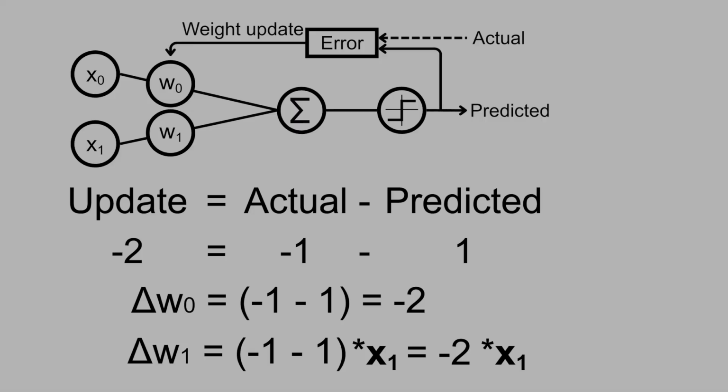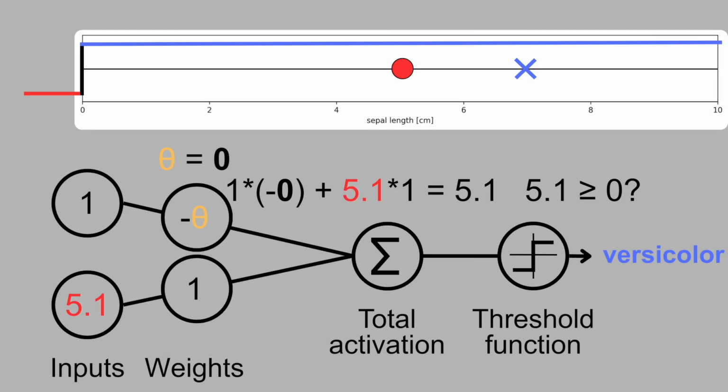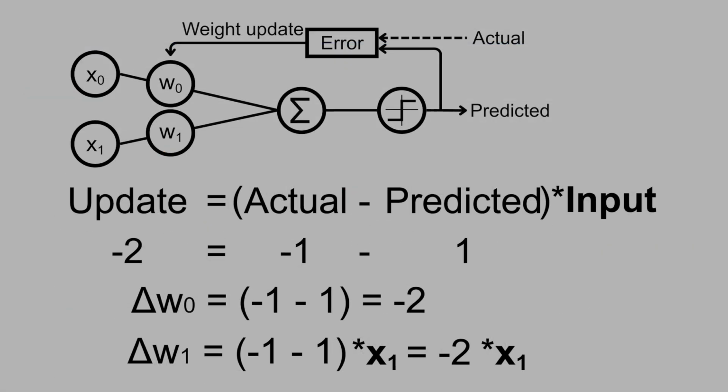The weight update is proportional to the input. Why? As in our example, setosa with sepal length 5.1 was misclassified as versicolor. We don't just move the boundary by -2. We move it by -2 times 5.1. The bigger the input that caused the error, the bigger the correction. That's how the perceptron learns.